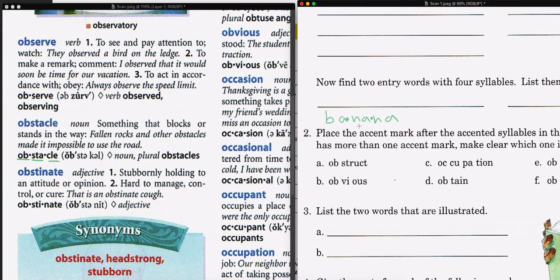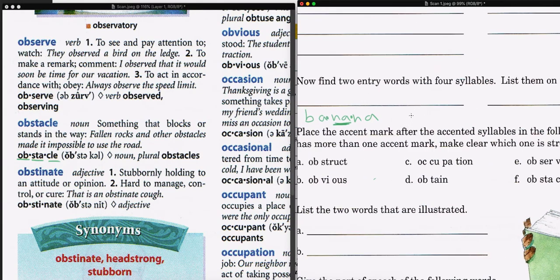So the middle syllable, na, is the stressed syllable. Because we don't say BAnana or banaNA, we say baNAna. We say this middle syllable louder and maybe a little bit longer compared to the first and the third syllable.